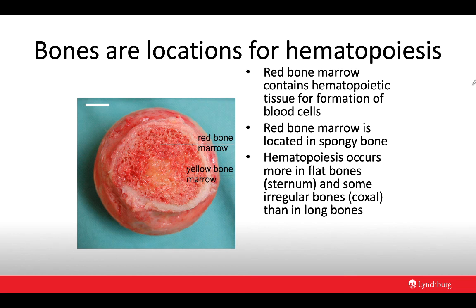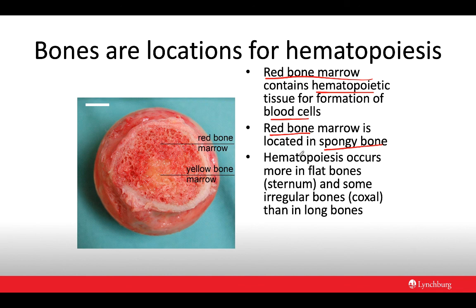Okay, so just a reminder that the specific red bone marrow that we see in bones contains hematopoietic tissue, and this is where blood cells are made. So red blood cells, white blood cells, and the cells that become platelets. So red bone marrow is specifically located in spongy bone because it needs space for that process to happen.